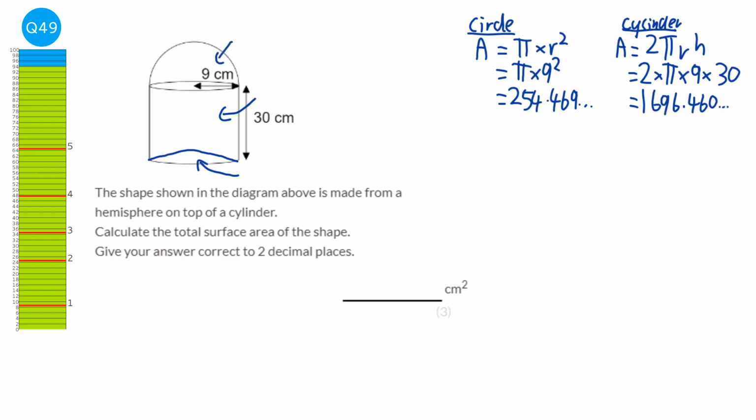And the last bit is this hemisphere here, and so let's do the hemisphere. And the formula for the area of a hemisphere, well, this full sphere is 4 times pi times r squared, but because it's a hemisphere, it's half of that.